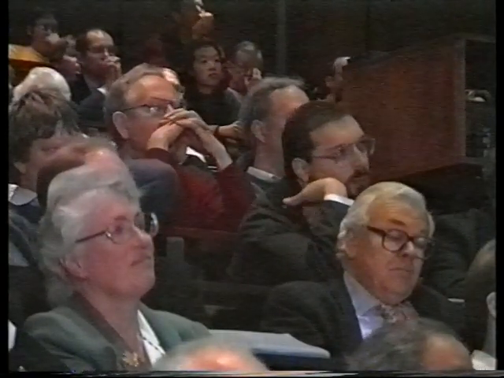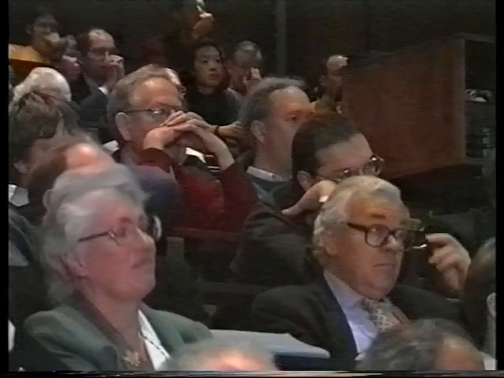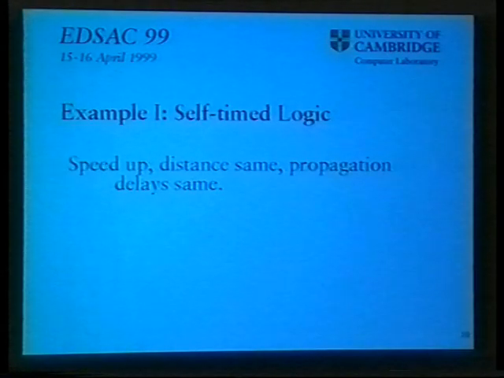So let's take a very, very quick few examples. Self-timed logic: the speed at which gates can produce outputs is getting faster. Distances across the die size we use in silicon are about the same, and unfortunately, another discontinuity, the speed of light isn't going up.